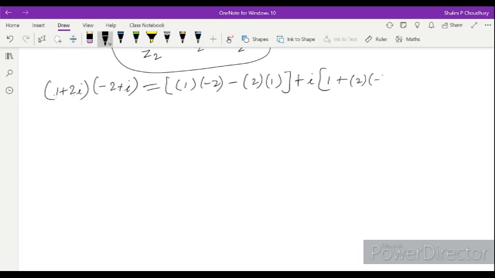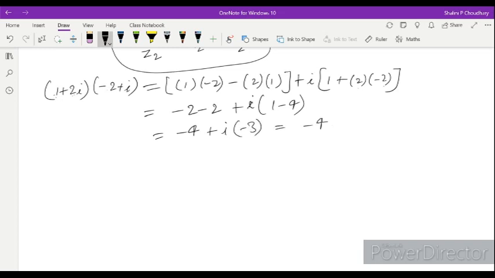So this will be minus 2 minus 2 plus I into 1 minus 4, because 2 into minus 2 will be minus 4. So minus 4 plus I into minus 3, so this will be equal to minus 4 minus 3i. We have to write it in the form of a plus ib. It means a is equal to minus 4 and b is equal to minus 3.